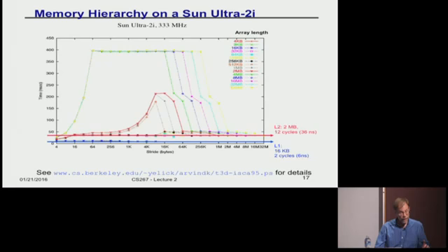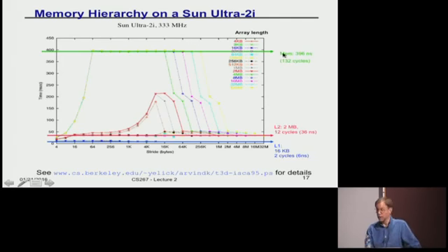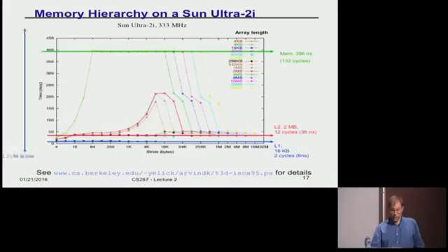And then finally, we get to the top, and that's 132 cycles, which is 396 nanoseconds, and that's what we expect of main memory. So we see there are 3 levels of memory hierarchy here. So that was pretty easy to read off. Now, let's look at these various corners and see what we can deduce from that.